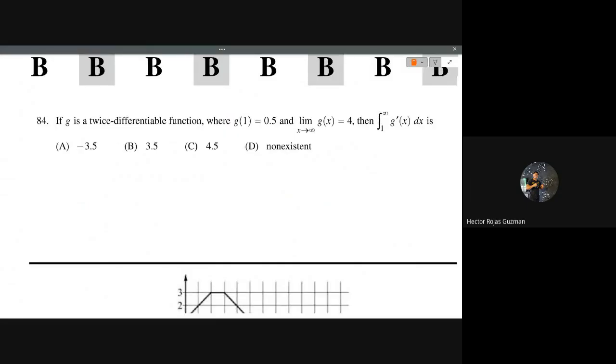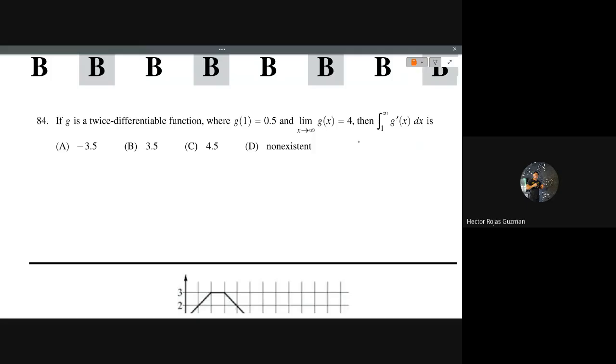Find the integral from 1 to infinity of g prime of x dx. Well, the integral of g prime is g of x, because that's its antiderivative, evaluated from 1 to infinity. Actually, let me show you a better notation.